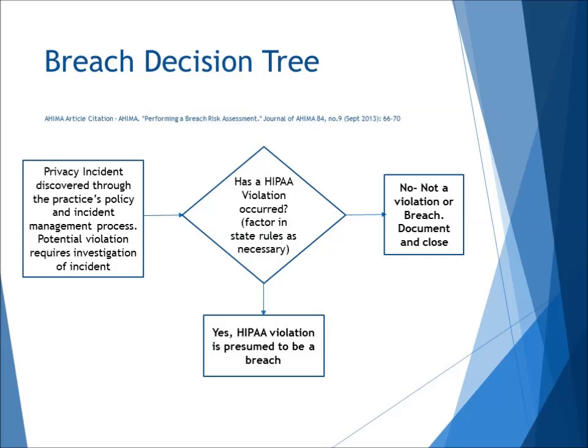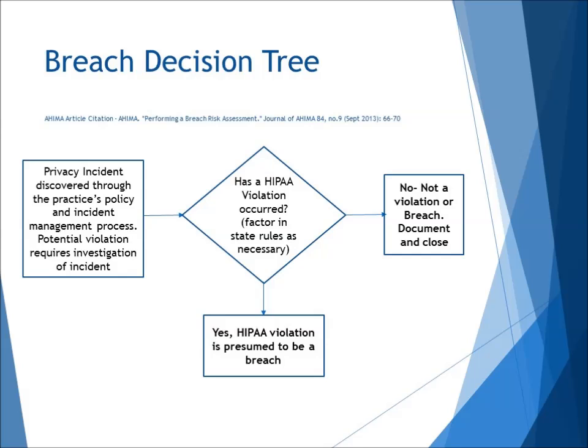All right, so I wanted to offer you one of the tools that I think is done very well, and it was part of a journal article from the American Health Information Management Association, and the title was Performing a Breach Risk Assessment, and this was in September 2013. It was very, very well done, and the citation is there if you would like to pull that entire article up.